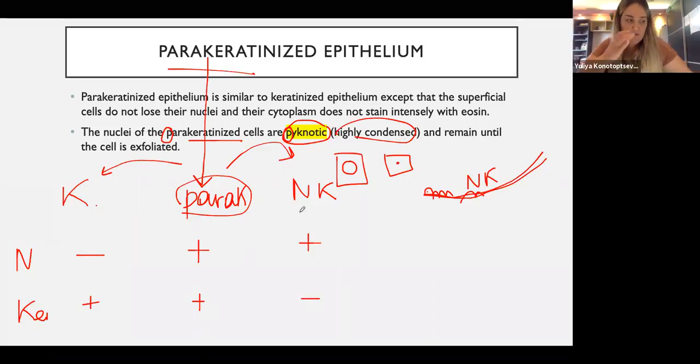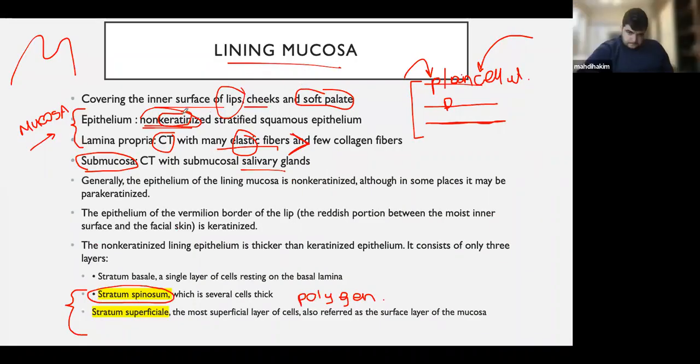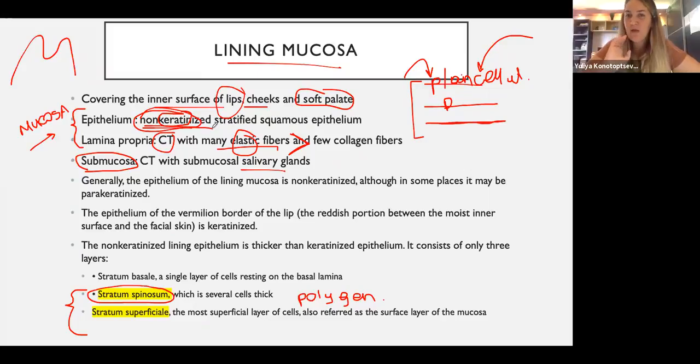Is there any question here? Okay. So what I want to tell you, lining mucosa has non-keratinized stratified squamous epithelium, but in the self-control test, if you see a question like this, lining mucosa possesses only non-keratinized stratified squamous epithelium, would you choose that option as the correct one?